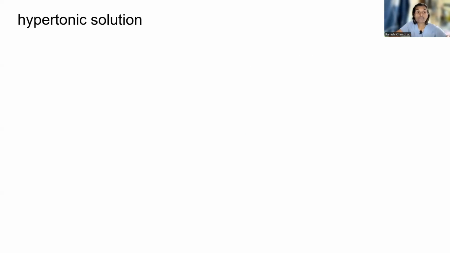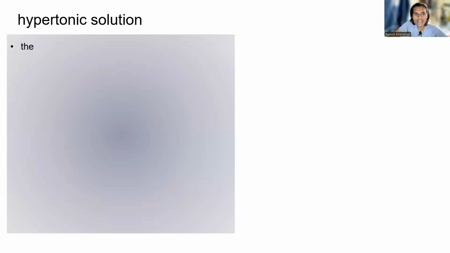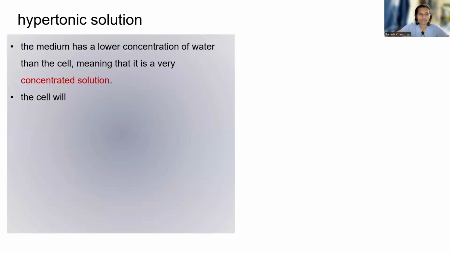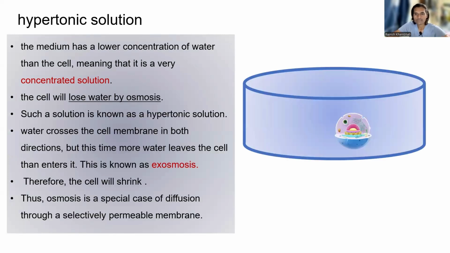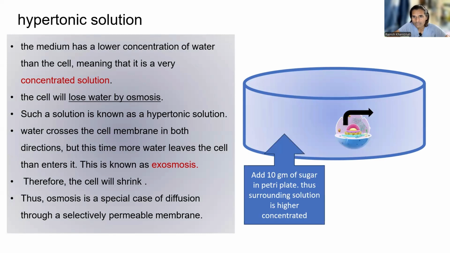And the last one, hypertonic solution, means very high concentration compared to the cell cytoplasm. Now let's read this. When the medium has lower concentration of water than the cell, it means the outside medium has a high concentration of some molecule.